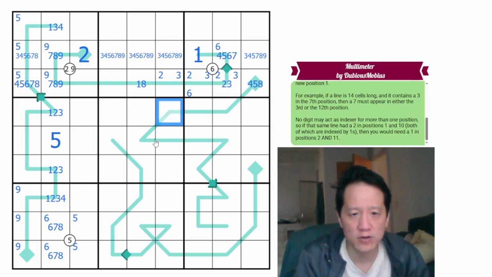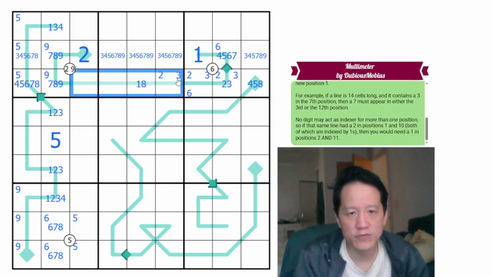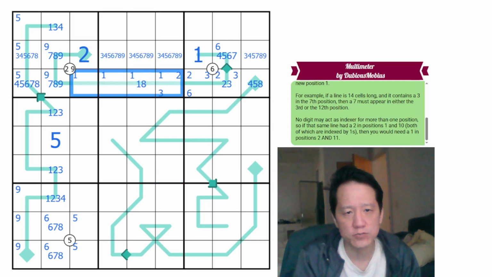So 1 could be here, the 5th, 6th, 7th, 8th. So one of these 3 corresponds to this index, and we're not sure which. So one of these is a 1. I'm not sure which.